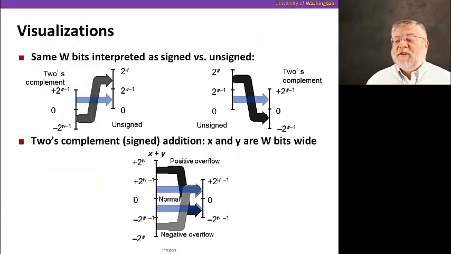All right, just a quick visualization of what is going on here. If we start off with a 2's complement number that can go from minus 2 to the w minus 1 to plus 2 to the w minus 1, when we represent it as an unsigned value, of course those positive values stay the same, but the negative numbers now look like big positive values.